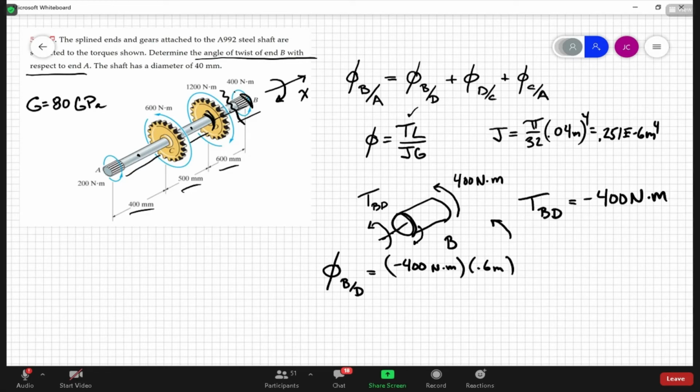That's the length there. J is 0.251 times 10 to the minus 6 meters to the fourth. And then G is the 80 times 10 to the ninth pascals, right? Okay. So that's going to give me an answer in radians, right?